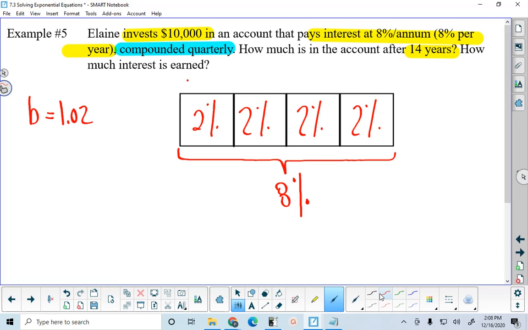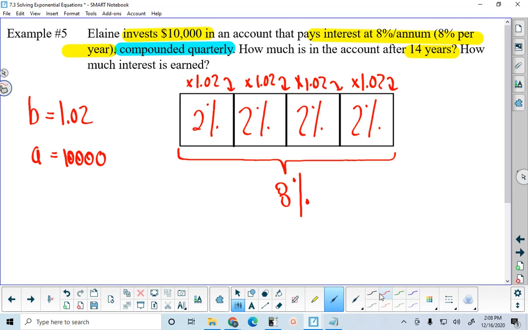Her investment gets multiplied by 1.02 here. It gets multiplied by 1.02 here, etc. So 2% gets added regularly. The initial amount is still 10,000.